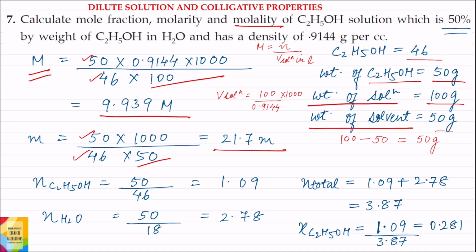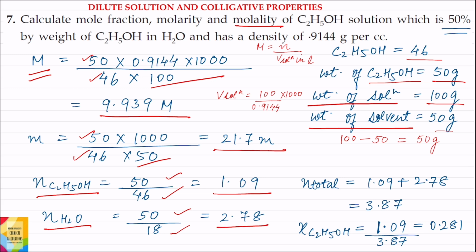Now mole fraction of C2H5OH. Moles of C2H5OH is 50 divided by 46, that is weight divided by molecular weight, and this is equal to 1.09 moles. Moles of water is 50 divided by 18, that is weight divided by molecular weight of water, and this is equal to 2.78 moles.